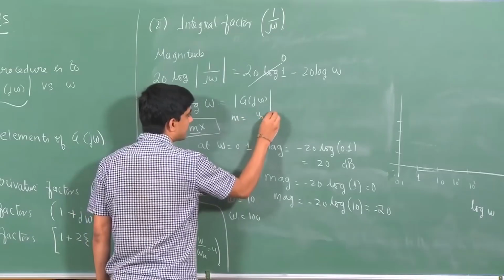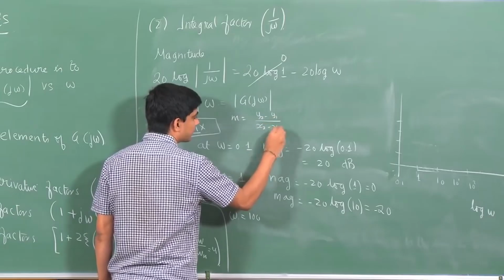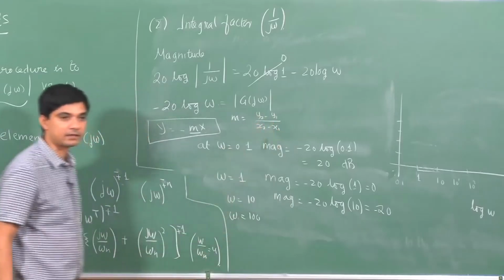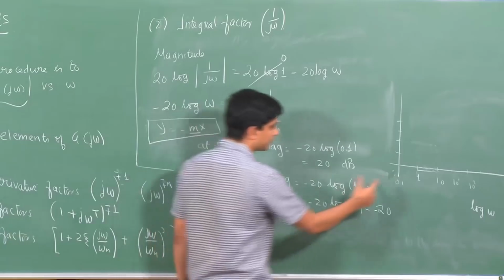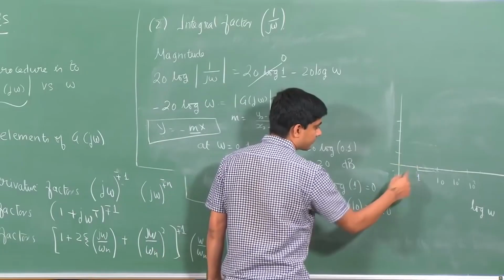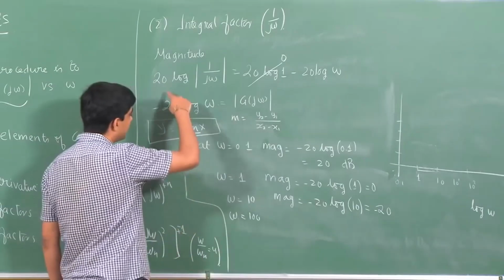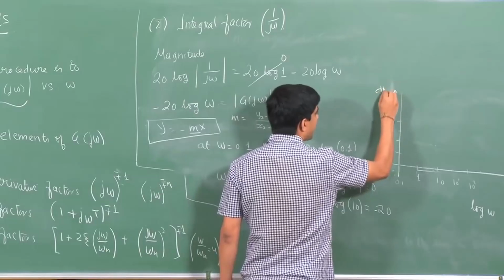This is like 11th standard coordinate geometry, y2 minus y1 over x2 minus x1, right? Unit change in y over unit change in x. So here, what is the unit change? Unit change here is from 0.1 to 1, one decade, and then here I am measuring the y axis in decibels.